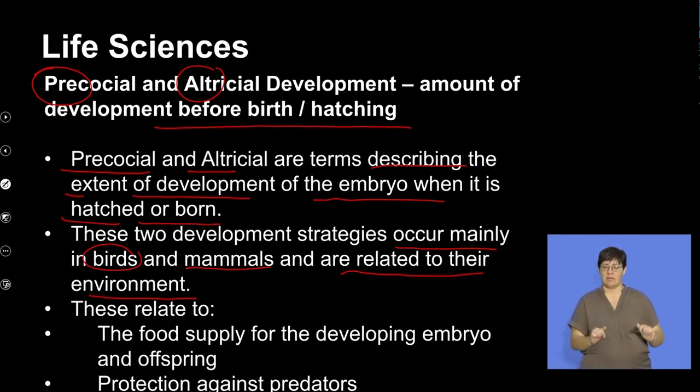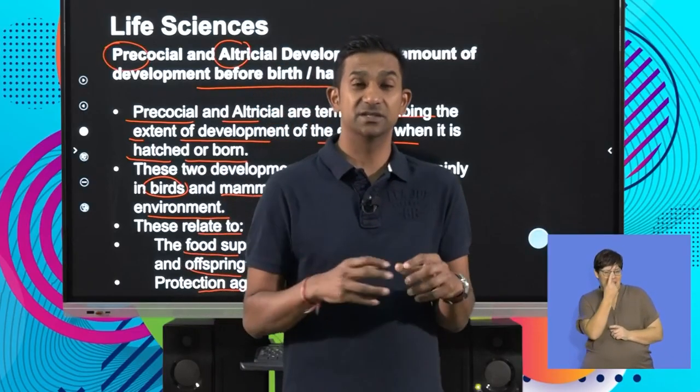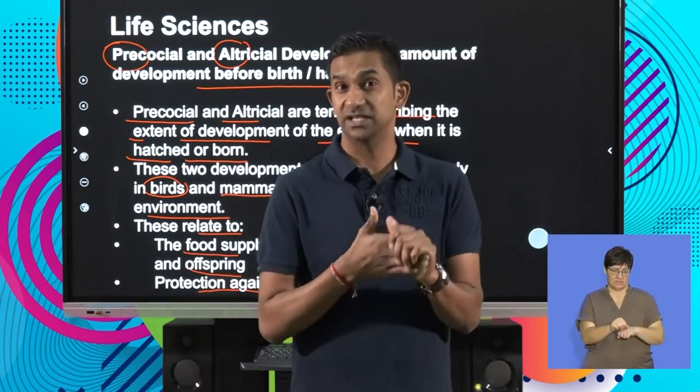This relates to the amount of food available, the food supply to the developing embryo and offspring, as well as the protection against predators. We will find that this often determines the success of animals in terms of the danger that they may face post hatching or being born. So let's try and unpack this behavior in terms of a strategy for increasing their chances of surviving.